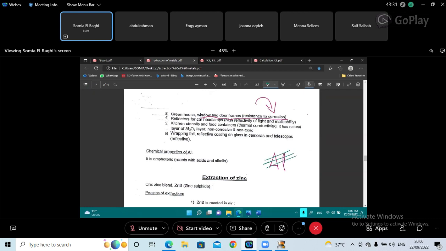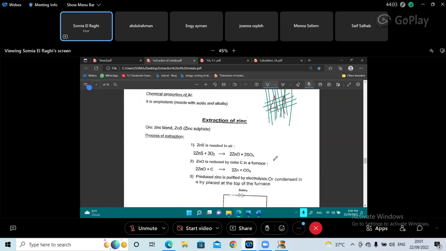We get this layer of aluminum oxide formed, but it is non-toxic, so we can even use pots from aluminum in the kitchen. Even aluminum foil, if you leave it for a while, you see just a layer, but it is not toxic. So we use it for food containers. You see this question a lot, and also window and door frames, because it resists corrosion.